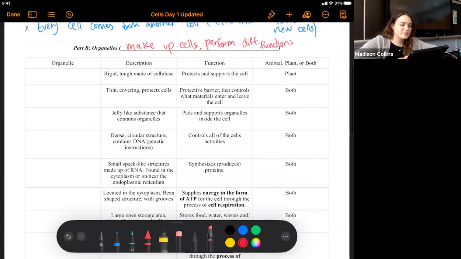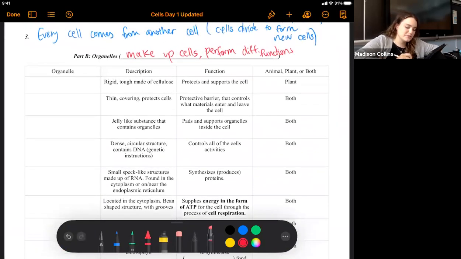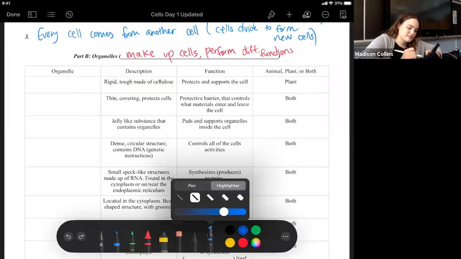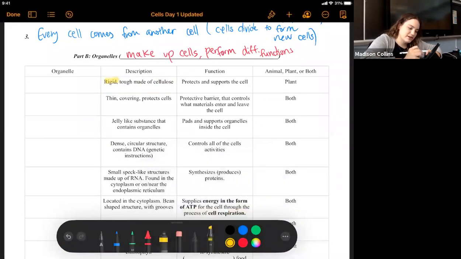All right, first up on our organelle list, the description is that it is rigid and tough and made of cellulose. Where's my highlighter? All right, and the function of this organelle is that it protects and supports the cell. This is found in just plant cells.